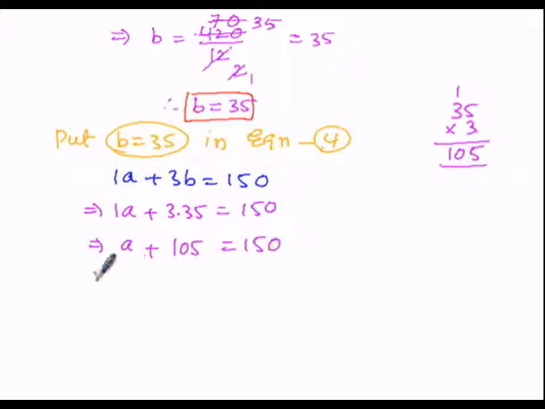So I am going to transpose this plus 105 over to the right hand side in order to get the value of a. The next logical step will be a equals the right hand side quantity 150. When plus 105 is transposed over to the right hand side, plus 105 becomes minus 105.